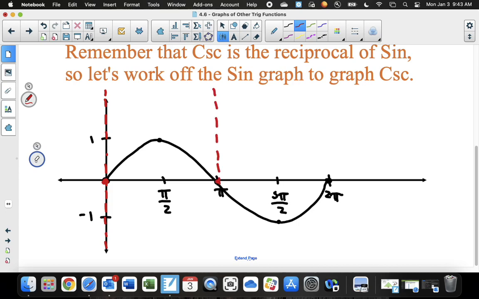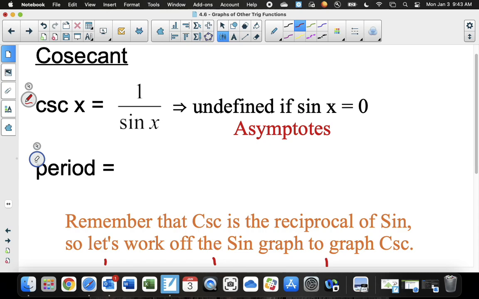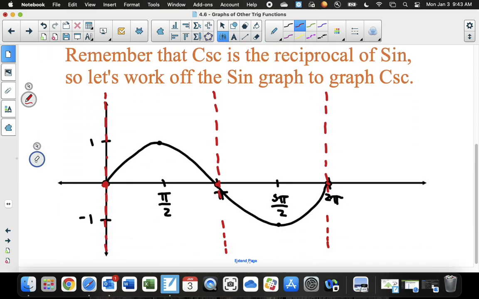Therefore, here's another vertical asymptote right here. And then again at 2 pi, here's another vertical asymptote. And again, any other place where the sine would equal 0, we have a vertical asymptote for cosecant. Because of the fact that we have sine in the denominator, cosecant being the reciprocal. So sine cannot equal 0.